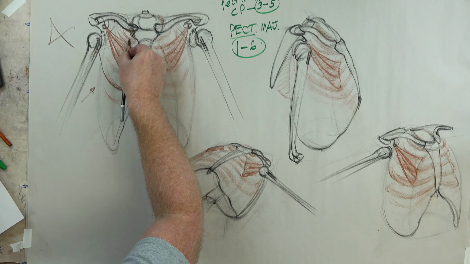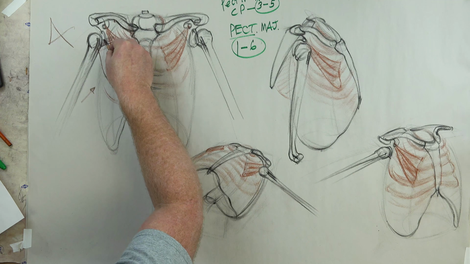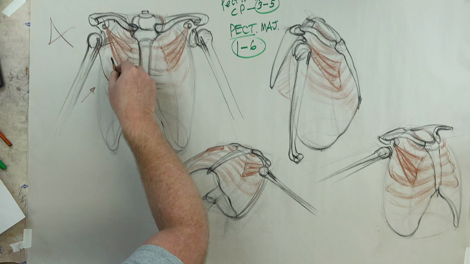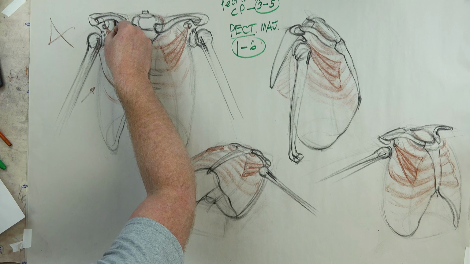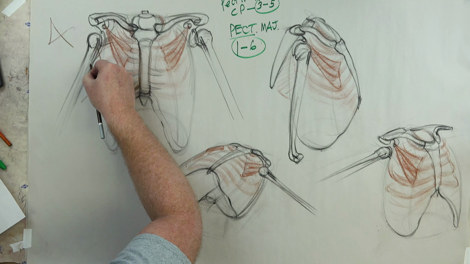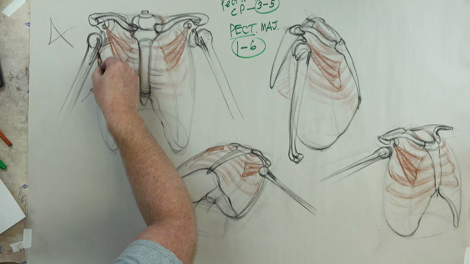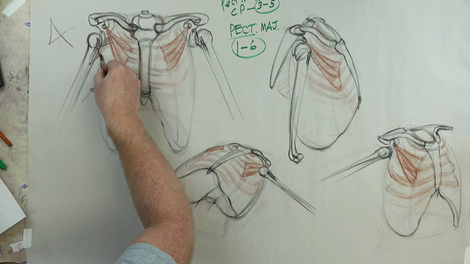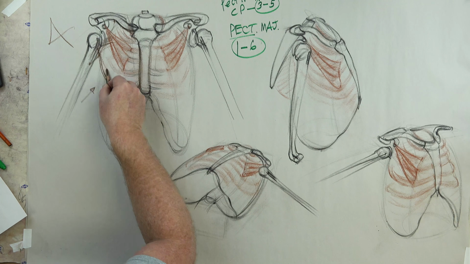So we have that stretching movement, okay, so that's important to see. And then we have this groove here underneath from the medial clavicle coming down and stretching over here, right in through there. So we get this interesting twist to our pectoral muscles.